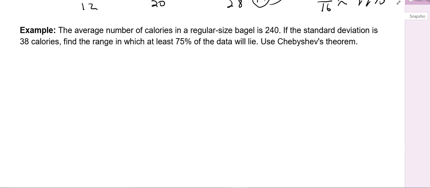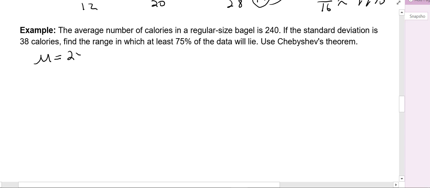So stopping, I'm working it. All right. The average number of calories in a regular sized bagel is 240. So I know that the mean is 240. This word average really should say mean. They're getting away from the term average, so that will be corrected.